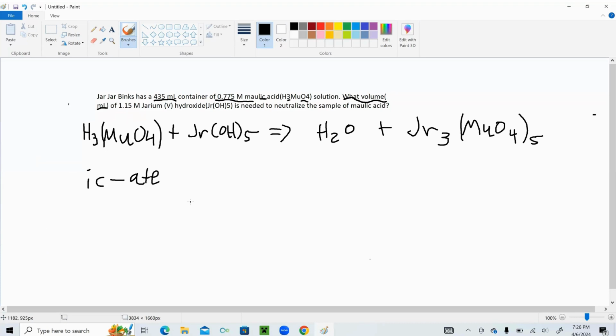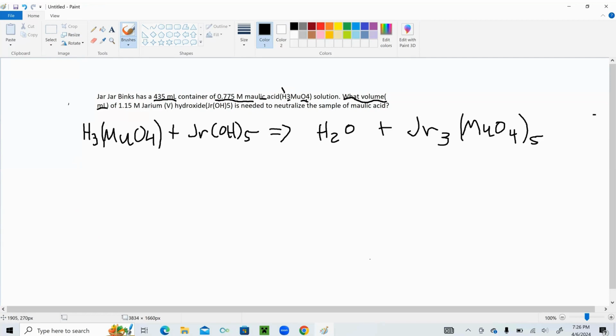So this should be, well, it's a made up name, but it should be malate, I believe. That should be the polyatomic ion. And how do we know that it is an acid? Well, it has hydrogen at the beginning. But again, like I said before, it has a hydrogen, but it has oxygen.